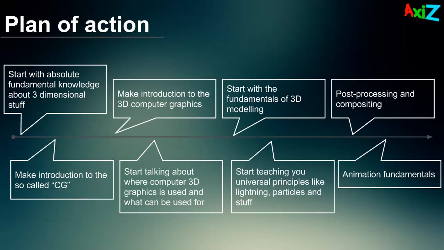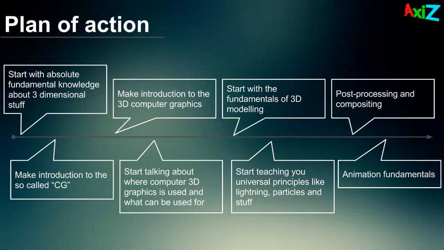And here is my plan of action. I hope that this looks like a timeline. In the beginning, I will start with absolute fundamental knowledge about three-dimensional stuff, like I said. Then I'll make an introduction to something called CG, which in short is every piece of graphics created on a computer.